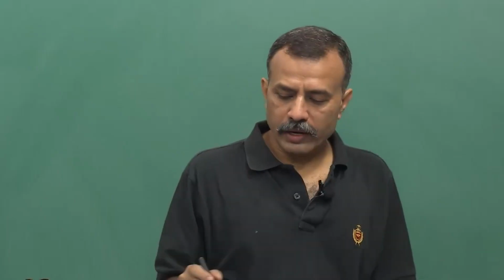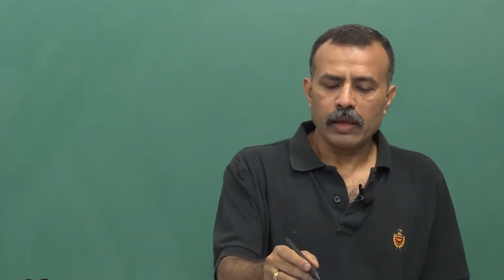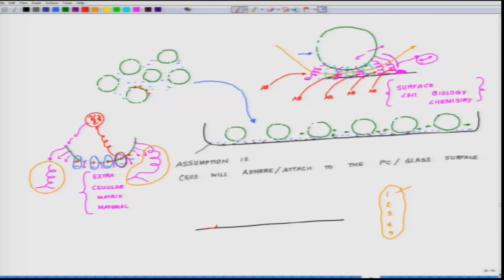This is one aspect. So, if you know that extracellular matrix nature, then you take the substrate. So, here you have the substrate. You want to grow, say, cell 1, cell whatever, then you coat that substrate with your choice of extracellular matrix protein or material, because it has carbohydrates too.